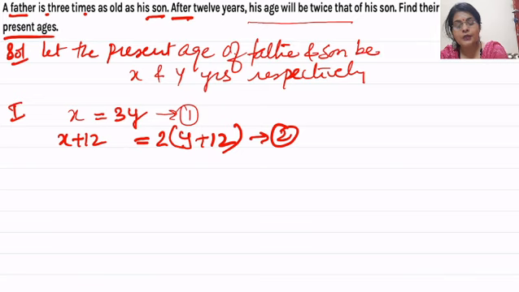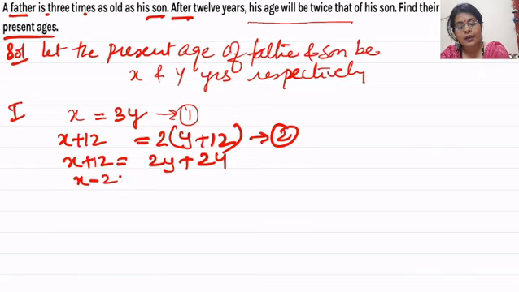What it becomes: x plus 12 is equal to 2y plus 24. So what will we get here? We will bring variables on one side. It becomes x minus 2y, and 24 minus 12 is 12. So this is our second equation, and our first equation is x is equal to 3y.